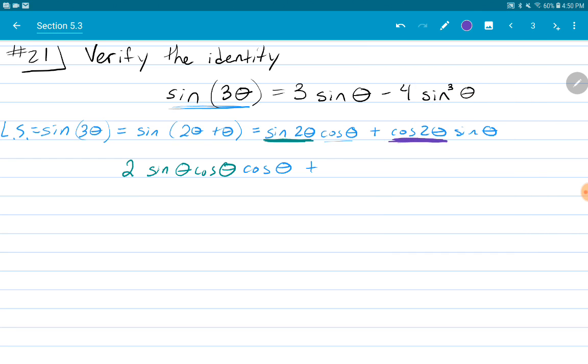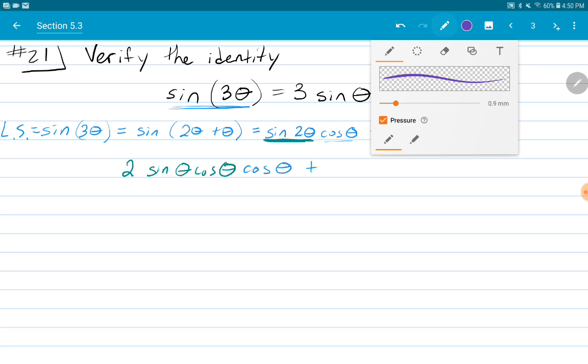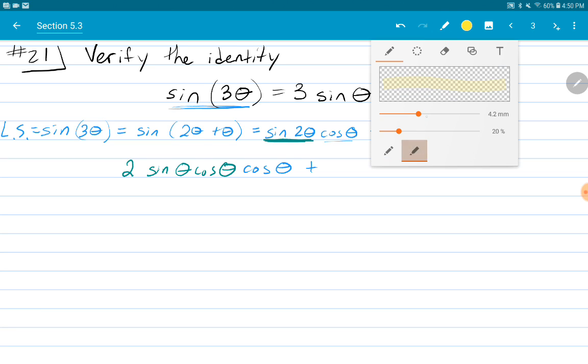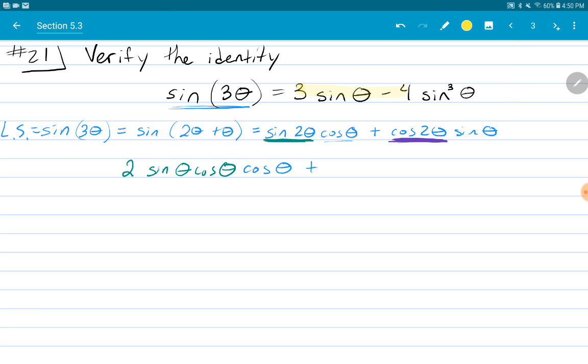this piece that I'm going to use a double angle identity for cosine. But this time I have some choices here. I have 3 different choices. And looking at the right side, my goal is to get rid of all those cosines and make them turn into sines.